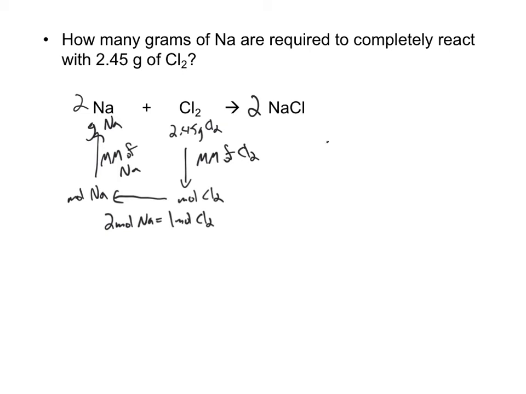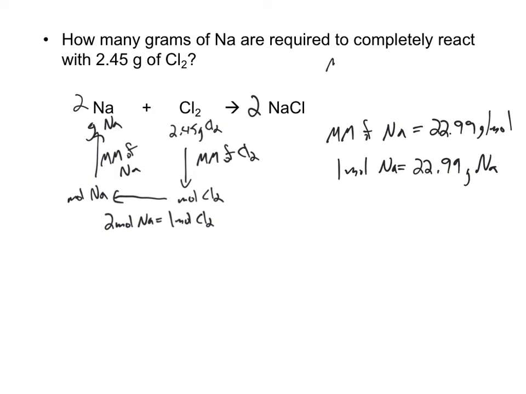For the molar mass of sodium, I just look at the periodic table, 22.99 grams per mole, or I like to write that as 1 mole of Na, 22.99 grams of Na.